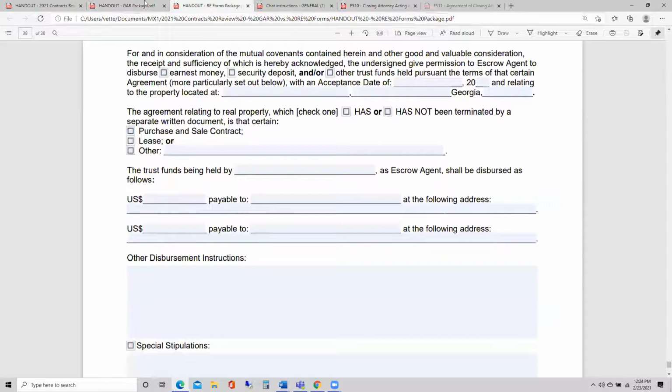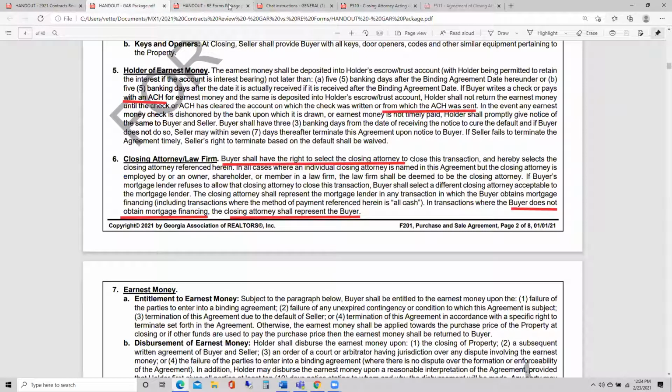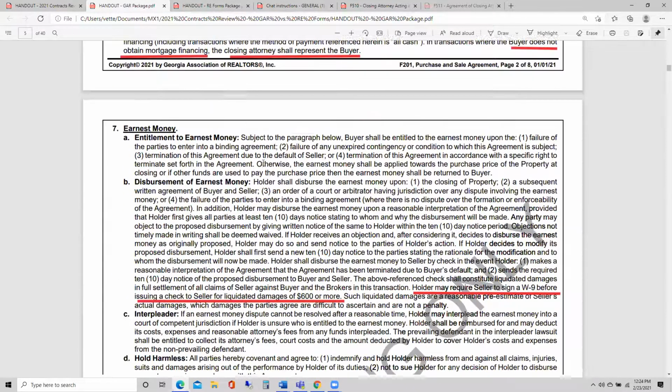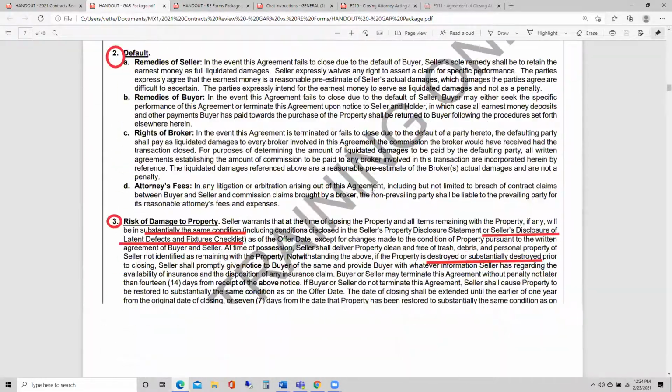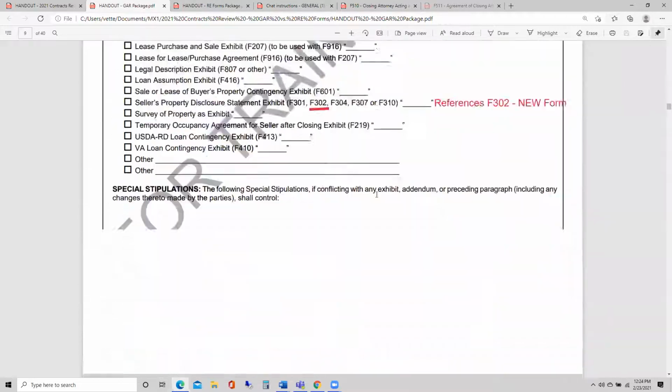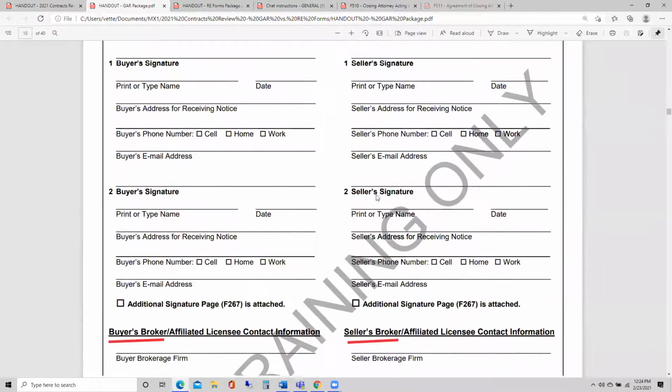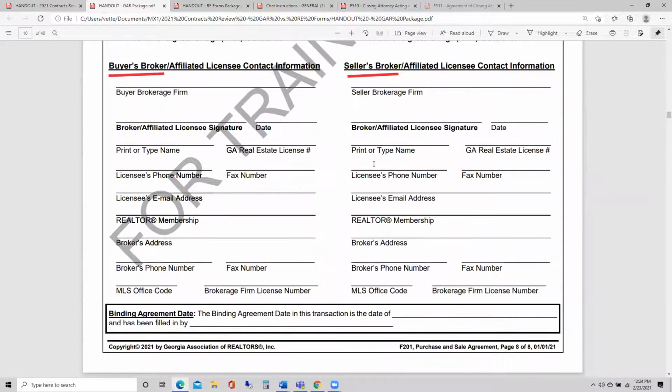Same thing with the RE Forms package. The majority of the legalese that's in the contracts and the standard terms, including the fill in the blank for your license number and your firm's license number. Guess why that's in there? That's in there because that's for compliance with license law.